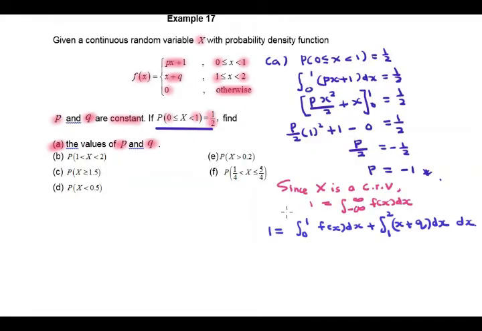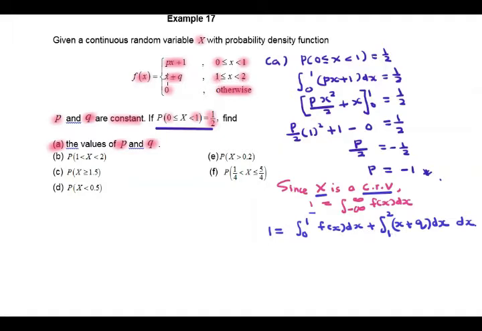Let us continue to find Q. Since x is a continuous random variable, 1 is equal to the integral from negative infinity to positive infinity. Let us carry on. 1 is equal to the integral from 0 to 1 of f(x) plus 1 to 2.